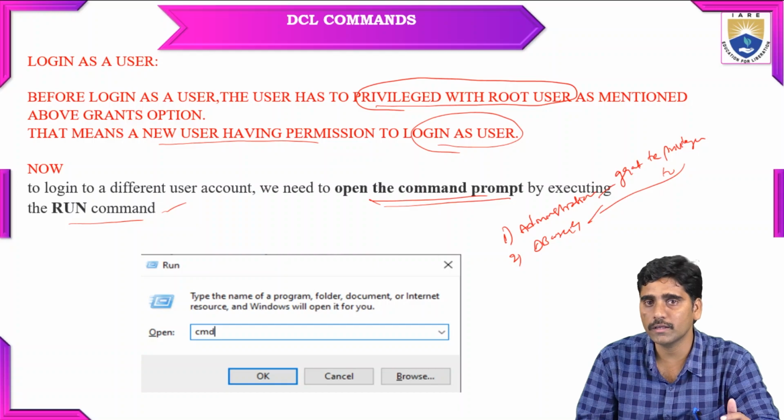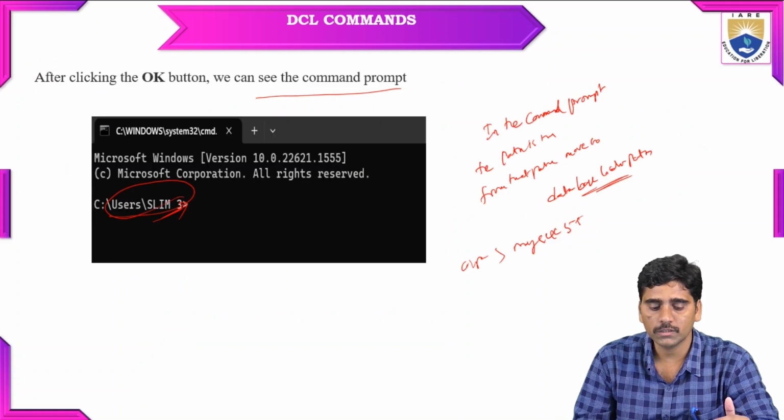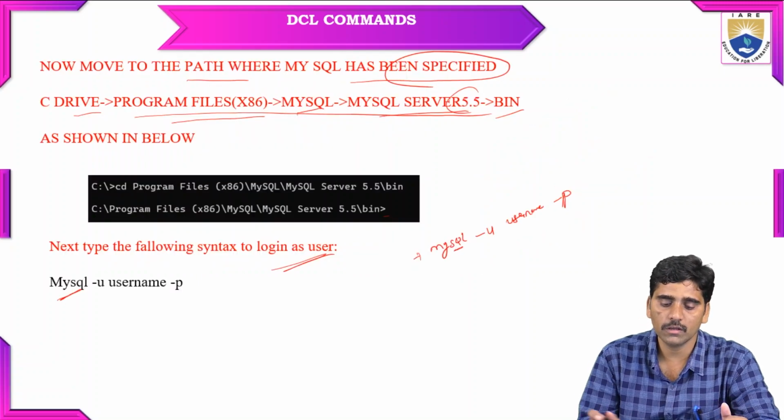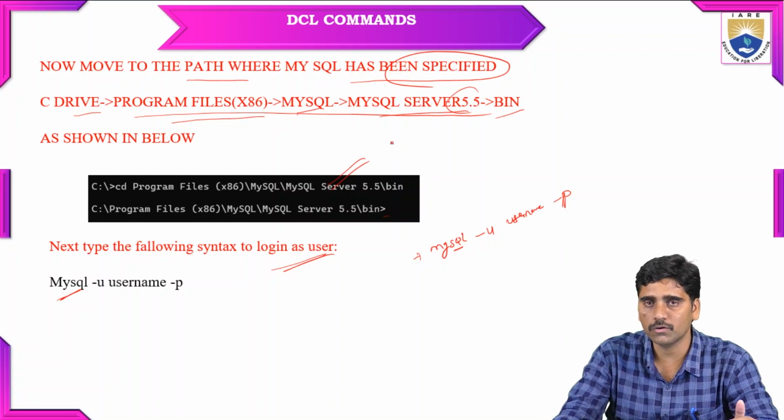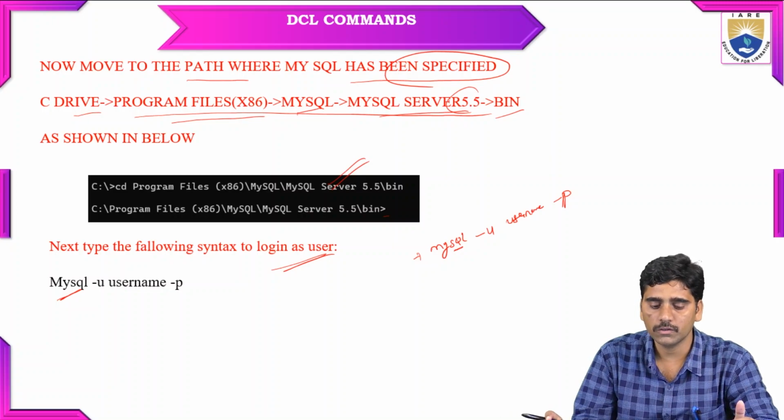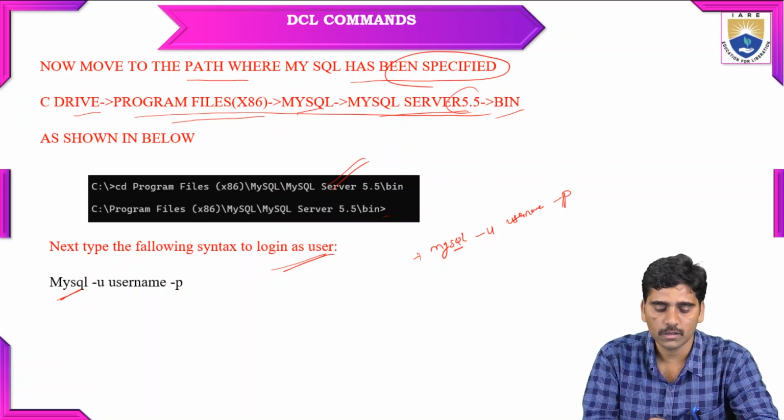To log in as a user, we need to go to the command prompt window, move to the path where your MySQL server has been installed, and there you can use the syntax to log in as a user.